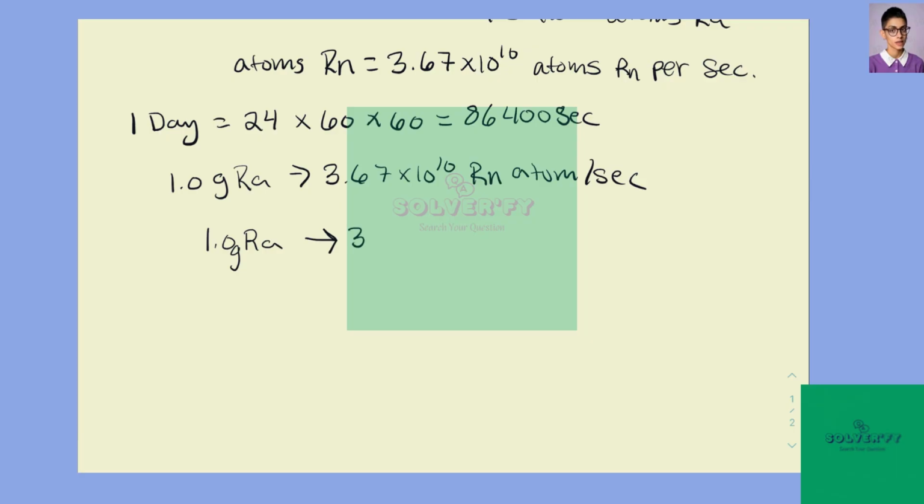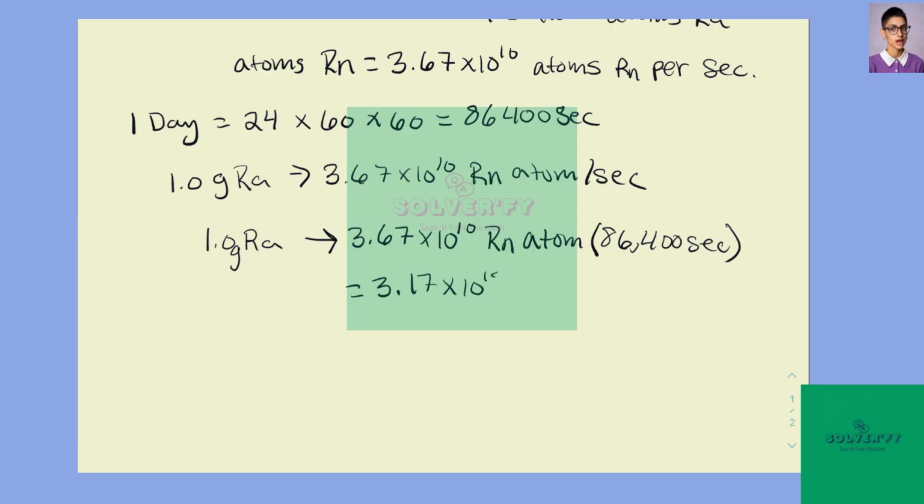So that's just going to be 3.67 times 10 to the 10 Rn atoms. And we're going to times that by 86,400 seconds. And this is going to equal 3.17 times 10 to the 15th Rn atoms per day.